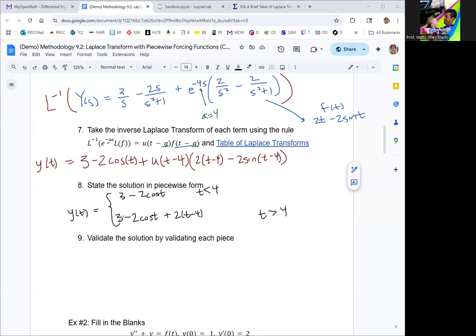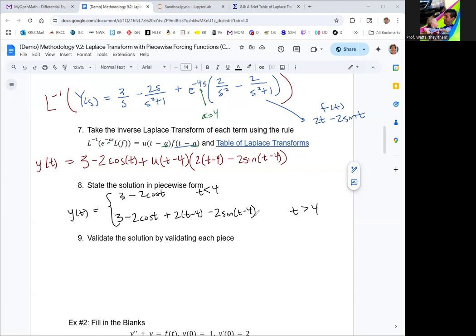And so we could take the 3 and then the negative 8 and combine them, but it's not really worth it. That's a little too close. Let's back that up. So there's the piecewise form of the solution.